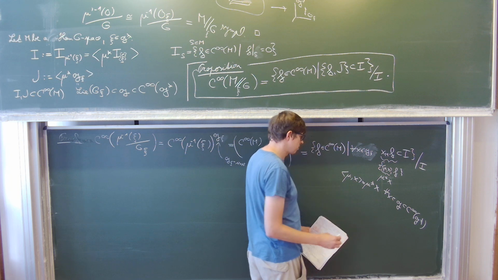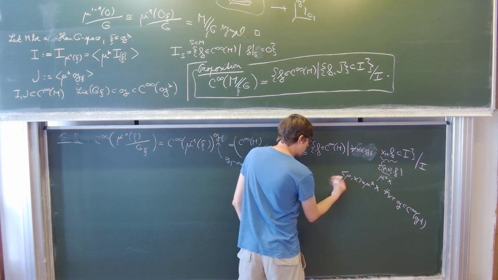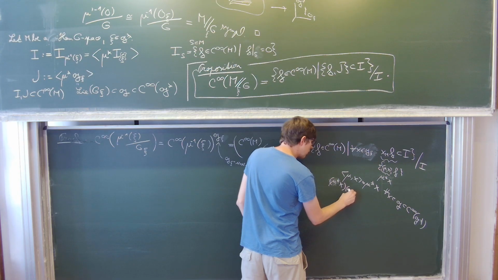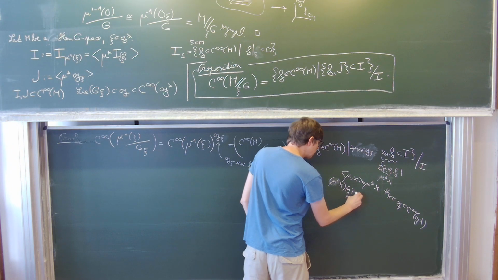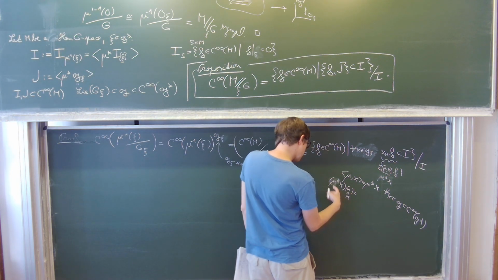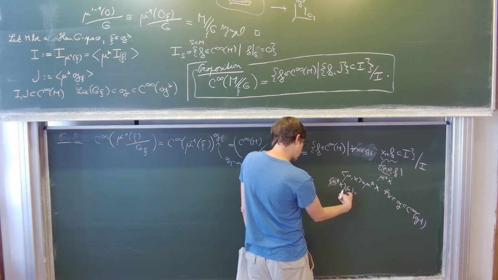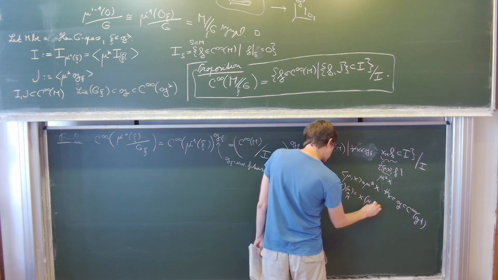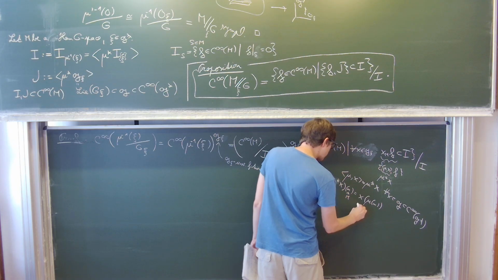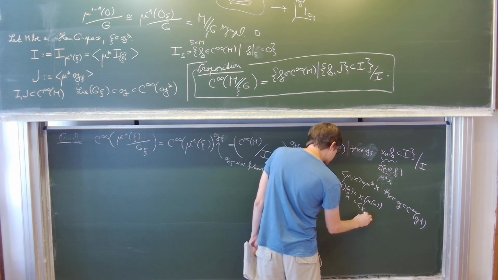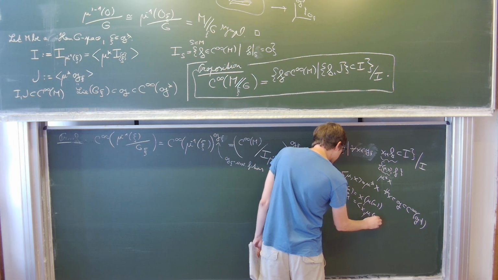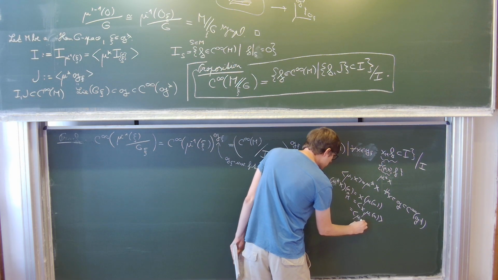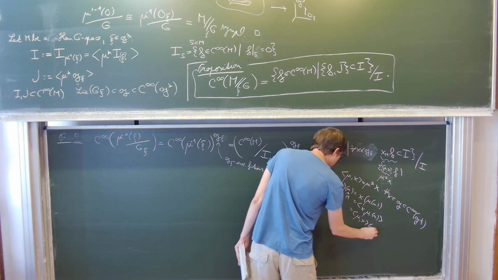If I pull back this function and look at a point m in M, what is this? This is pulling back a function and evaluating it. This should be the same as x evaluated on mu of m, which is the same as the pairing of x and mu at m, which is the same as mu x evaluated at m.